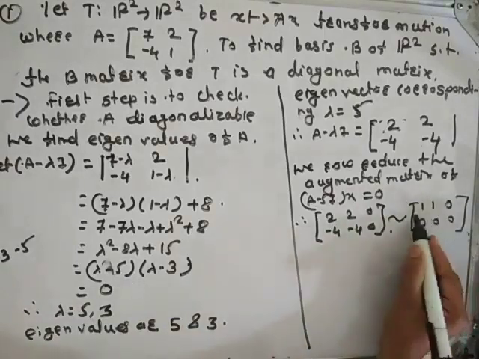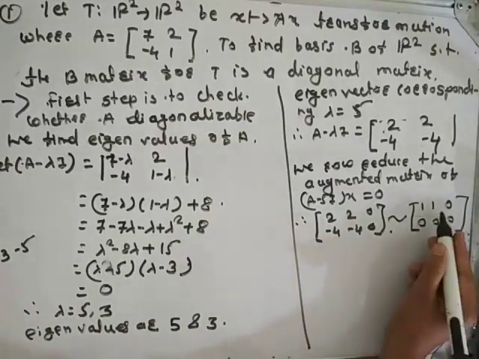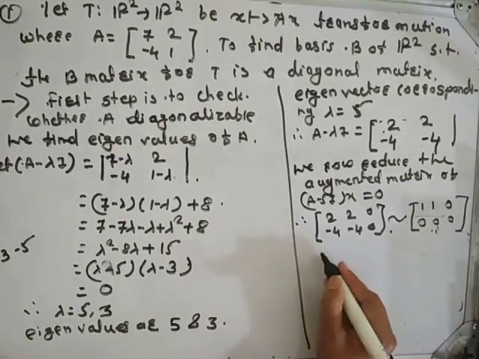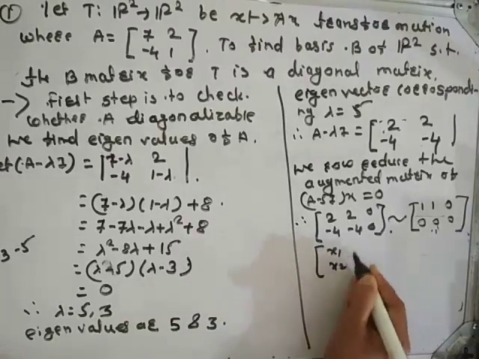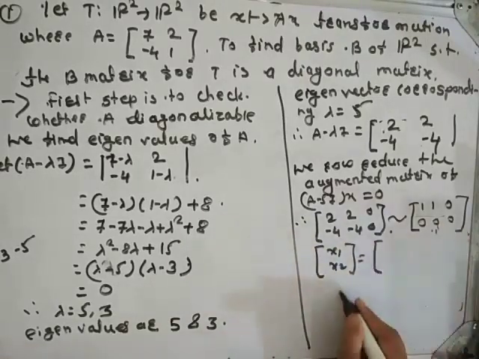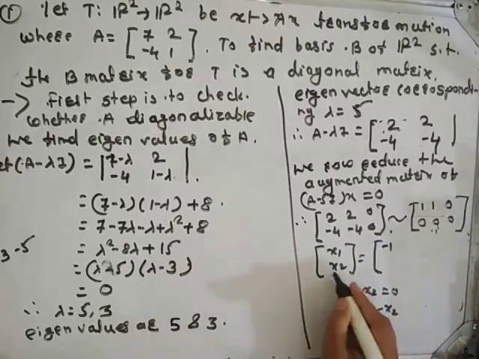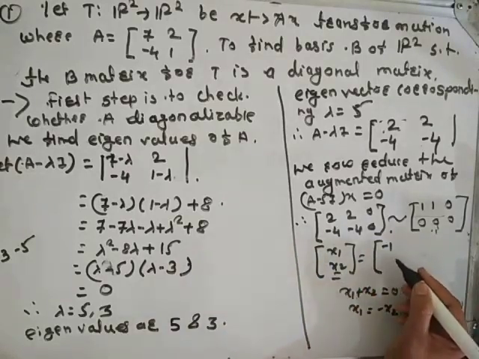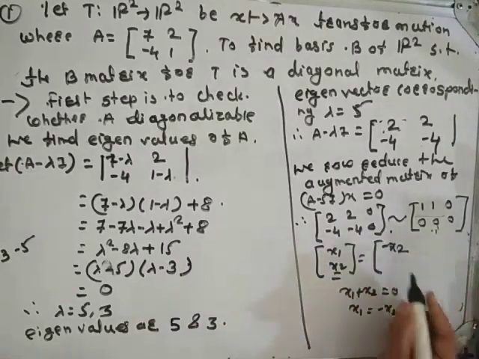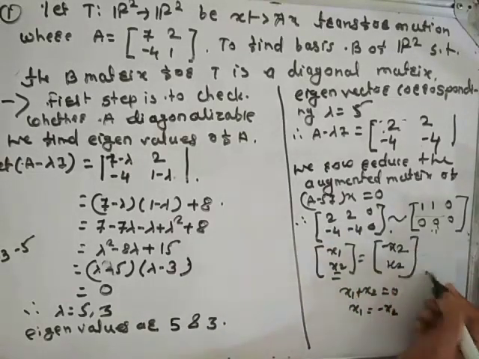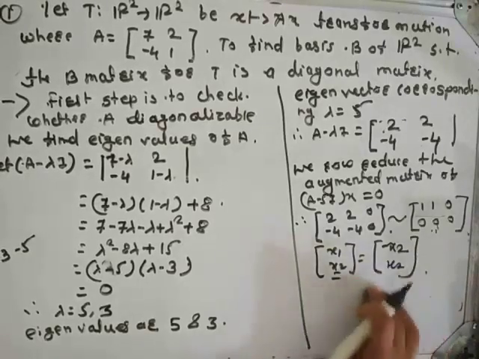Column 2 does not have a leading one, so x2 is a free variable. So x1 plus x2 equals 0, that's why x1 equals minus x2, and x2 stays as it is because it is a free variable.